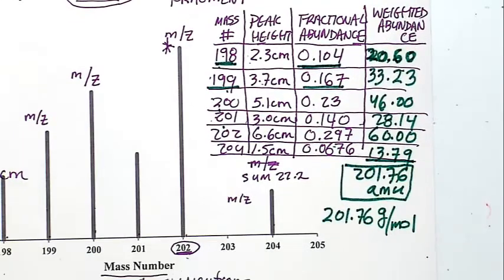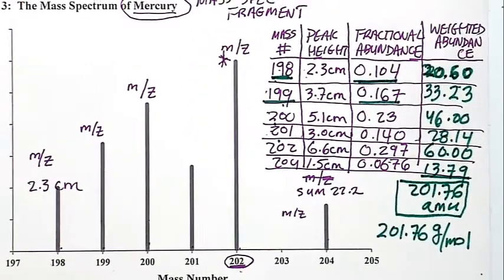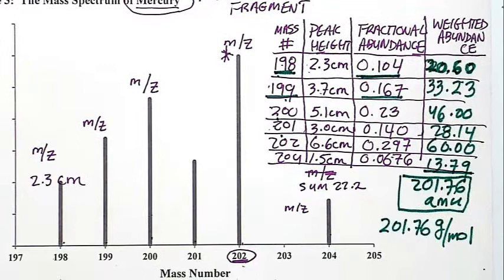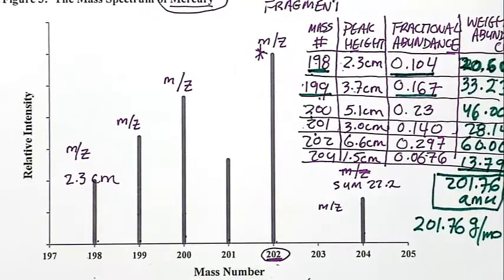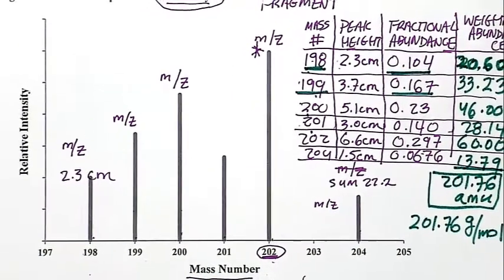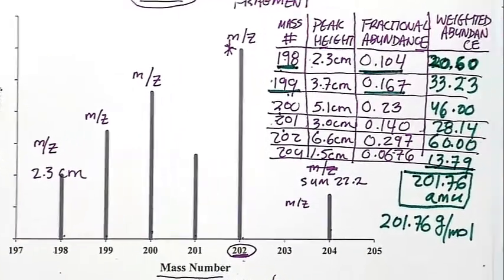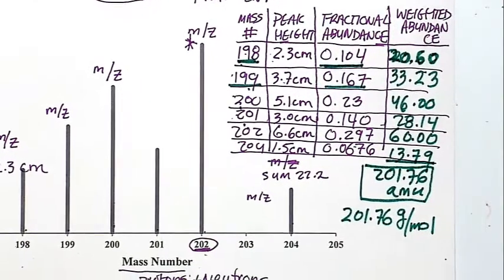It tells you several things. Number one, it tells you that mercury, when you inject pure mercury into a mass spectrometer, you're going to get a mass fragmentation pattern that has 6 peaks representative of 6 isotopes.